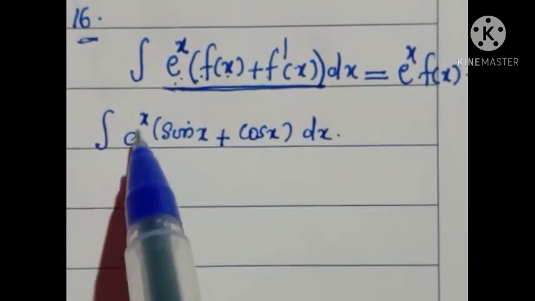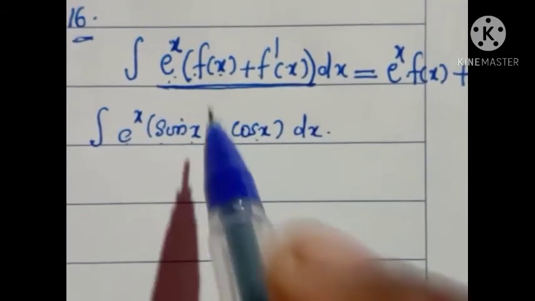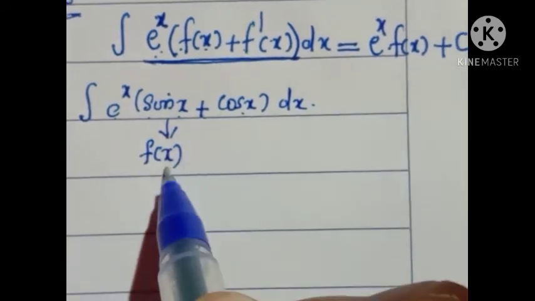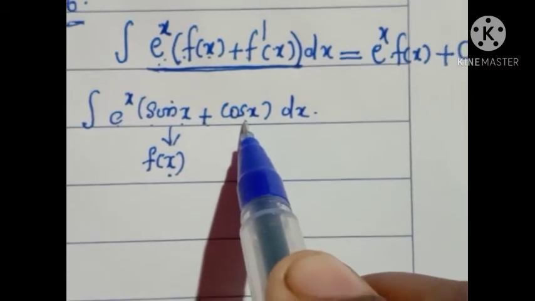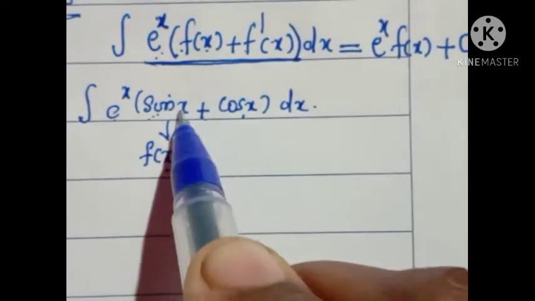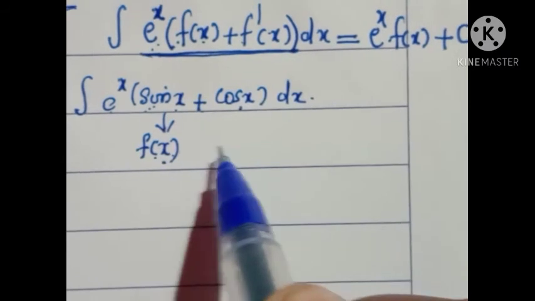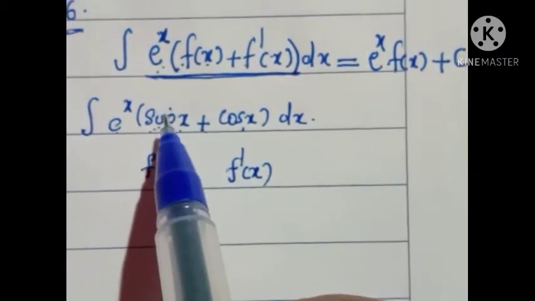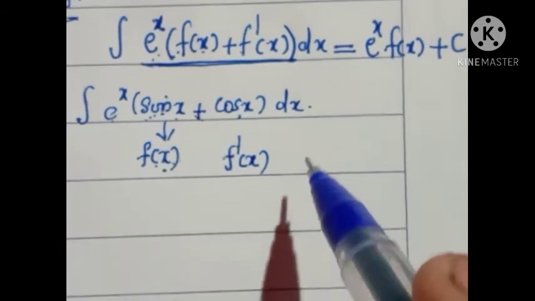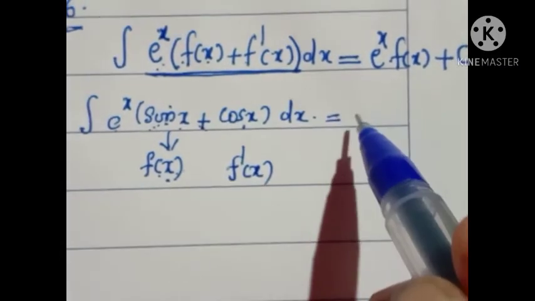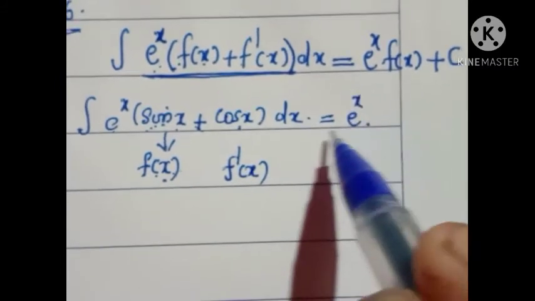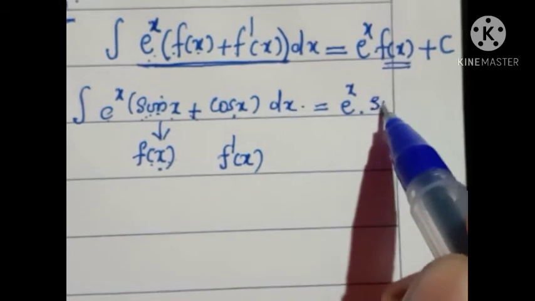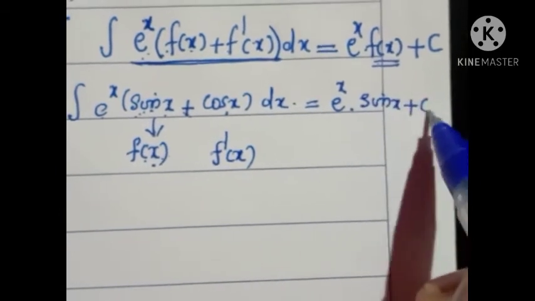Here let us consider sin x as our f of x. Cos x is the derivative of sin x, that is f dash of x. So a function plus its derivative. Then directly we can write the answer as e raised to x into f of x, here sin x, plus c.